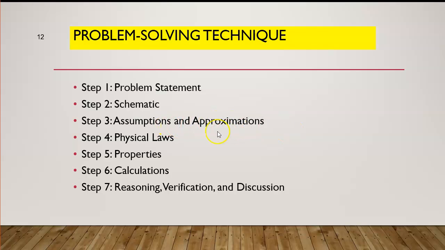Then assumptions and approximations, for example, if the equation says ignore radiation and convection, only conduction. Then the physical law: does it involve convection, radiation, or only conduction? Then properties, for example, the value of K, thermal conductivity, and the value of H, and calculate. Then reason, verify and discuss.